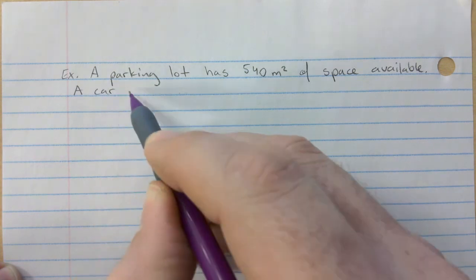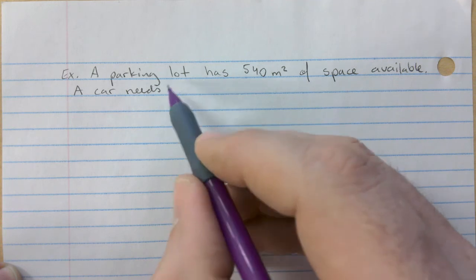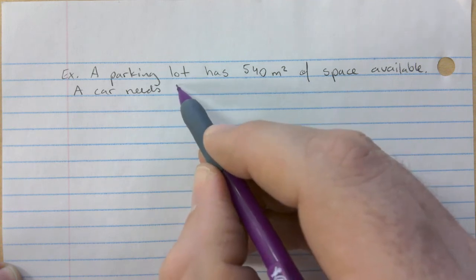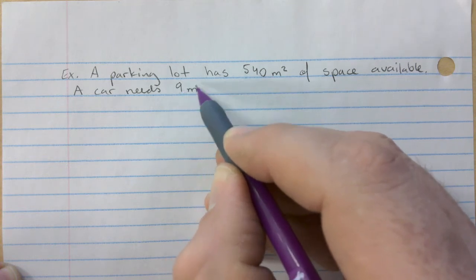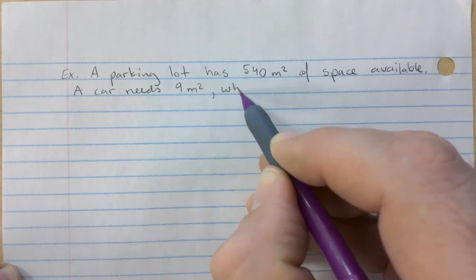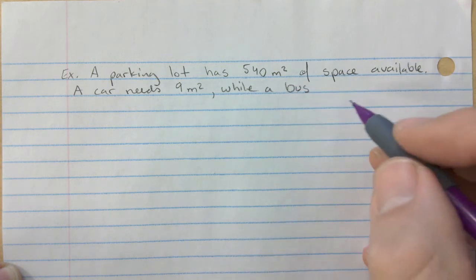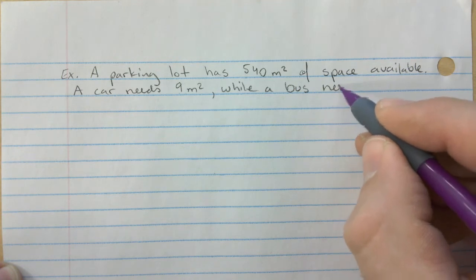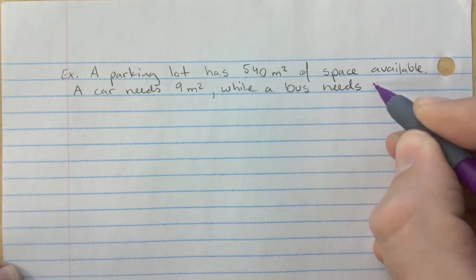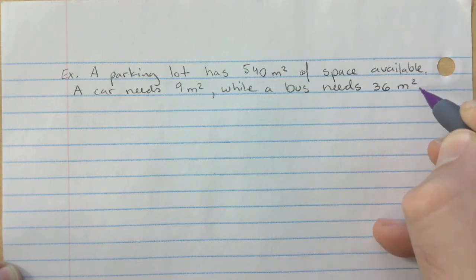A car needs 9 square meters, while a bus needs 36 square meters.